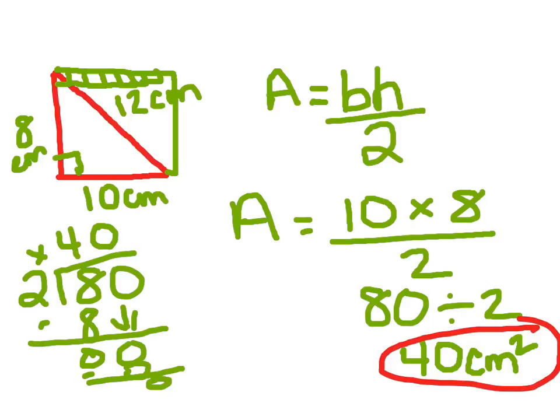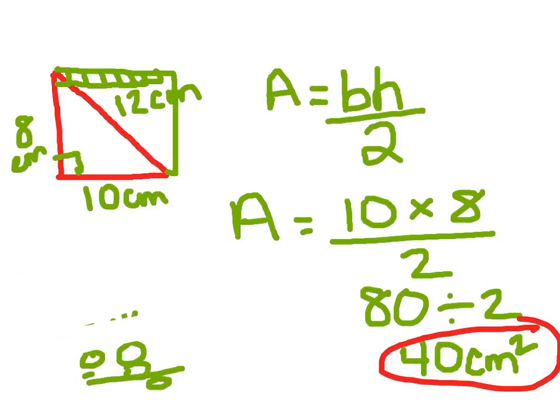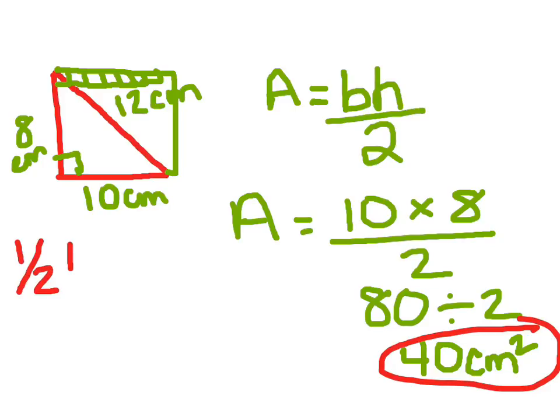Now, if I wanted to do it without the base times height and do half base times height, let's look at that on this particular problem. It would work because they're even numbers. So I could take half of either. So I could take half of 10, let's write that down, half of 10 times 8.